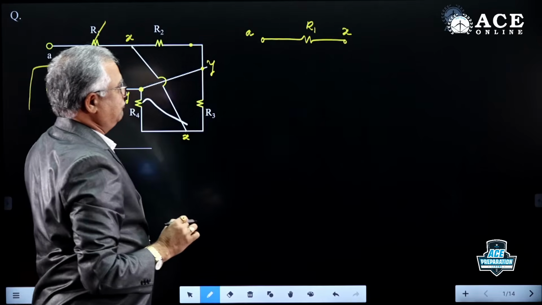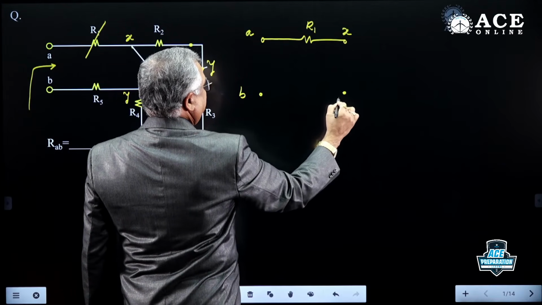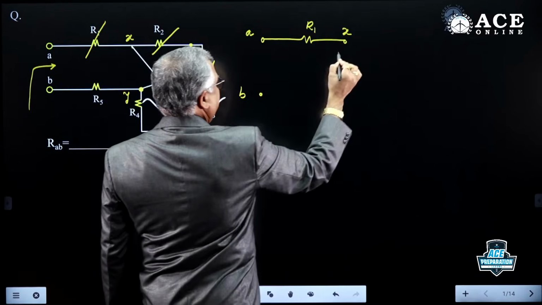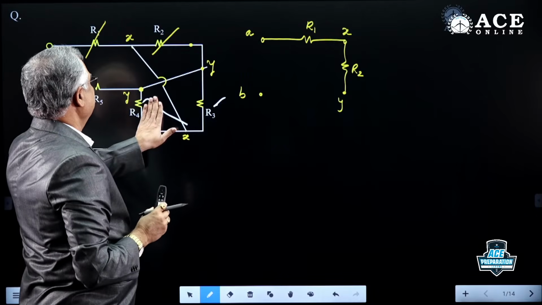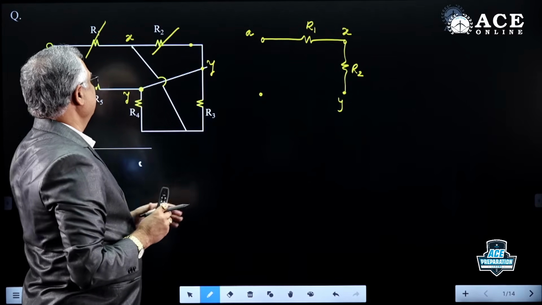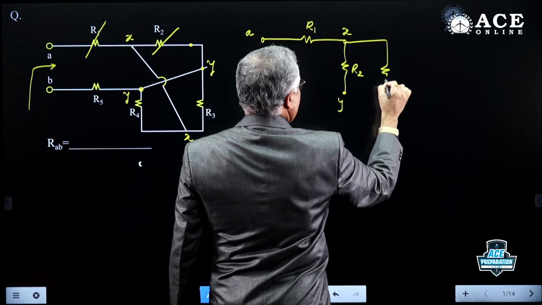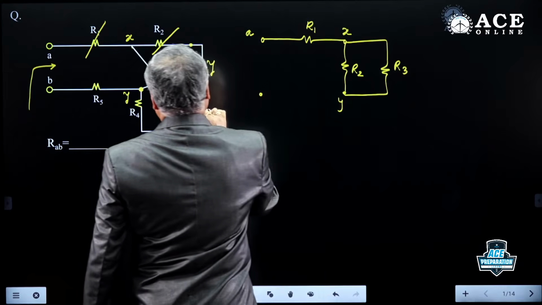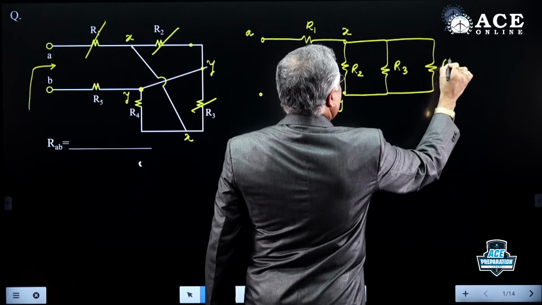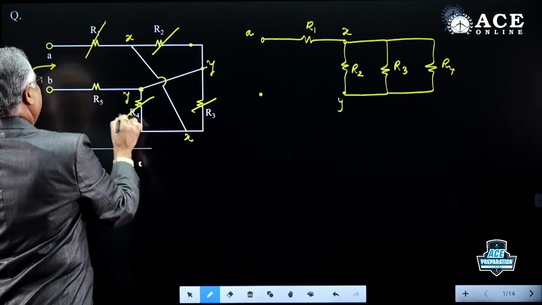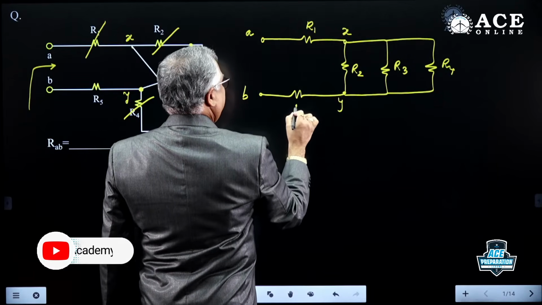Next R2 is connected between X and Y. Let me take B here and another node Y. So R2 is across X and Y. Then R3 also between X and Y. Next R4 is also between X and Y. Then lastly R5 between B and Y. So this is B, Y, this is R5.